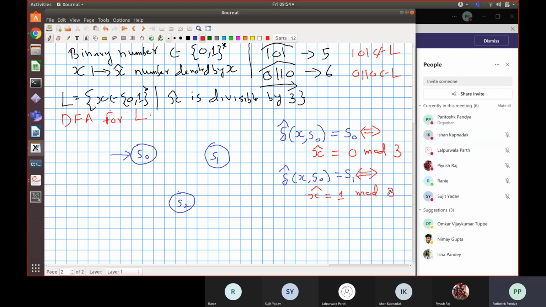So this 1 mod 3 may confuse you. It just says that when x hat is divided by 3, the remainder is 1. And similarly, delta hat of x, you always start with the initial state S0. When are you in S2? When the remainder is 2. So is the idea of what we want these 3 states to do clear to you? Any confusion here?